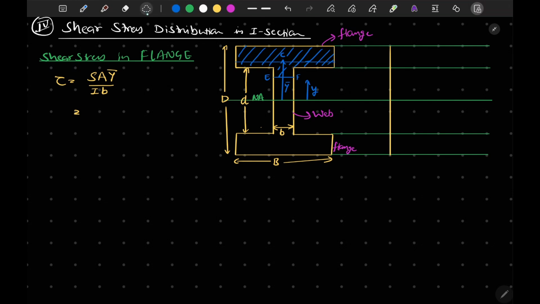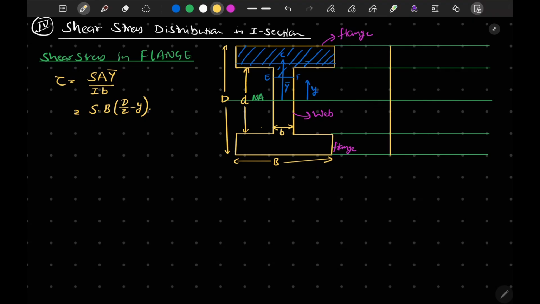If you think carefully about this, the shear stress will of course be the same. Now the area of the flange above the gap y can be given by width into depth. Width will be b and depth will be d by 2 minus y. You understood till this point, okay.